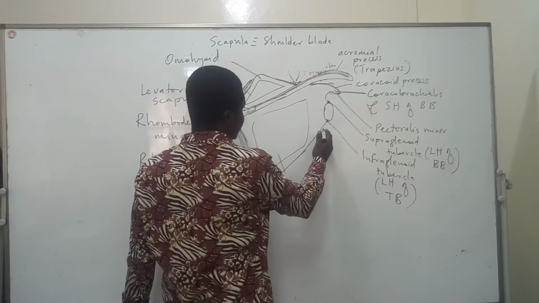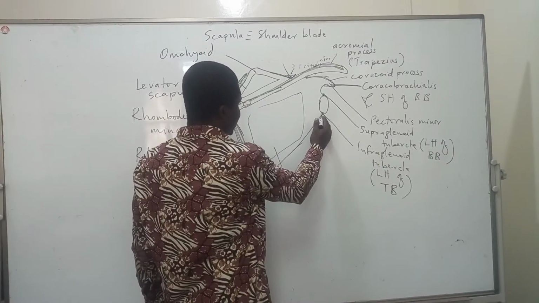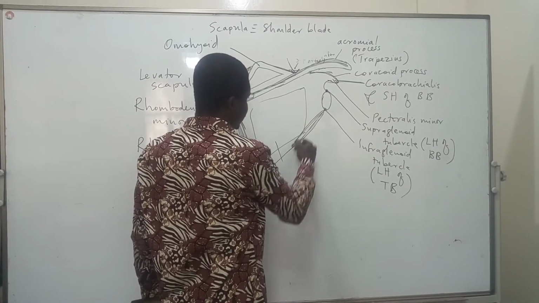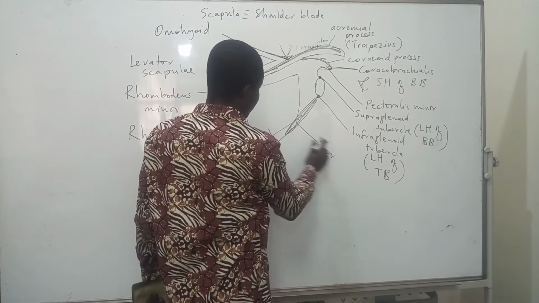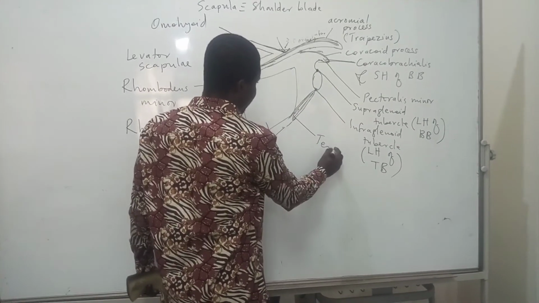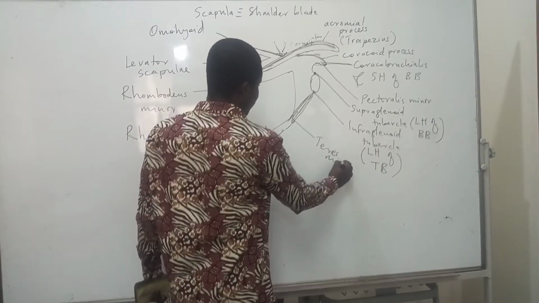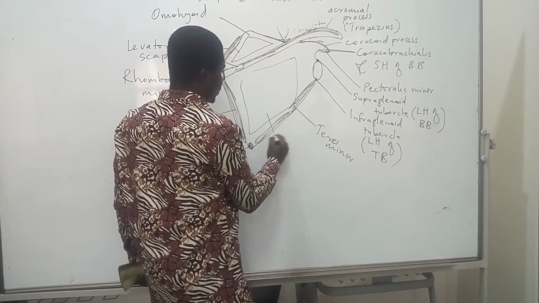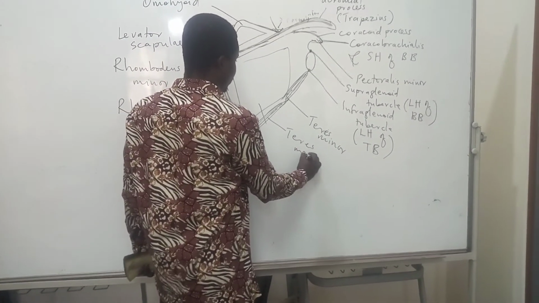For the lateral border, there are two major muscles which we will talk about. We talk about teres minor muscle, and then below it, most of it will be occupied by teres major muscle.